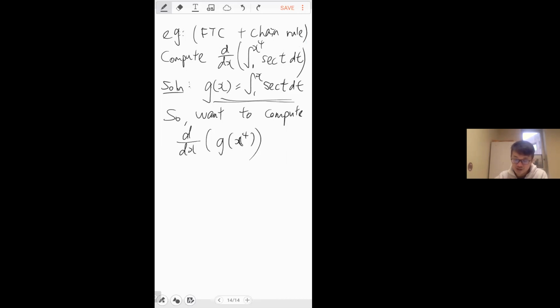And I'm saying that to compute the derivative of that is the same as first plugging in x to the 4 for your x, and then taking the derivative. Do you see that? Because when you replace x by x to the 4, you also replace the upper limit by x to the 4.